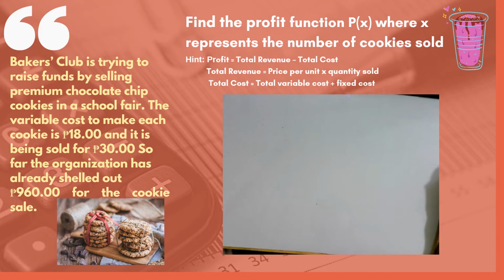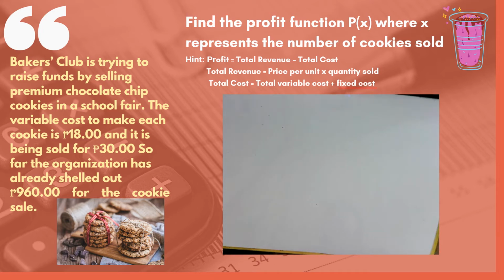And then, yung 960 pesos, ito yung binabanggit dito na fixed cost. So, yung fixed cost dyan, yan po yung 960 pesos. Yan yung nagastos bukod sa puhunan sa paggawa ng cookie.